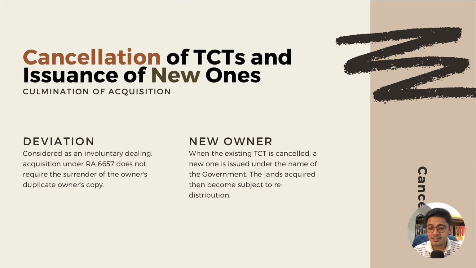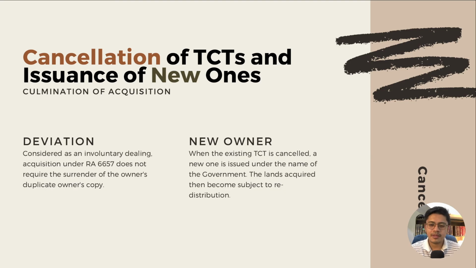Otherwise, if that's the requirement, the acquisition by the government will be held hostage by the landowners, by just withholding their owner's duplicate, because they are the ones who hold the owner's duplicate copy. Okay? And then afterwards, new TCTs are issued to the Republic, the government is now the owner of that land.